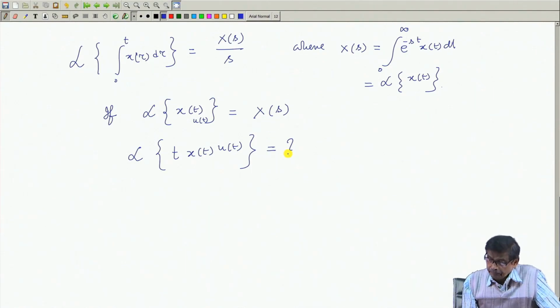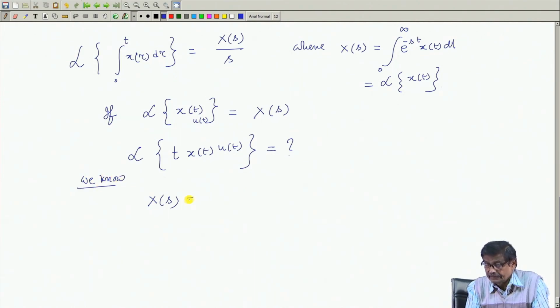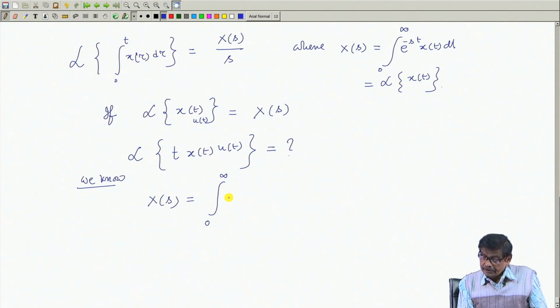Now, to do this the proof is very simple and can be done in an interesting way. We know that X(s) is equal to the integral from 0 to infinity of e to the power minus s t into x(t) into dt.